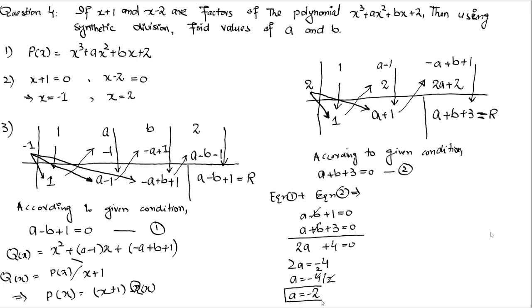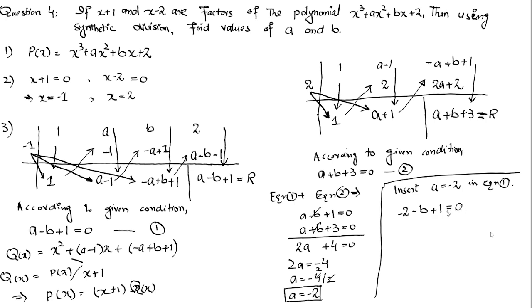So value of a is minus 2. Now we will insert a is equal to minus 2 in equation number 1. Equation number 1 is a, and for a we will insert minus 2. We have minus b, we have plus 1 is equal to 0.